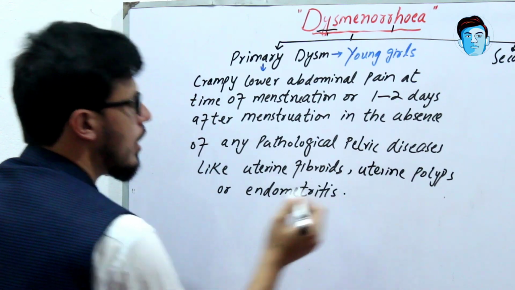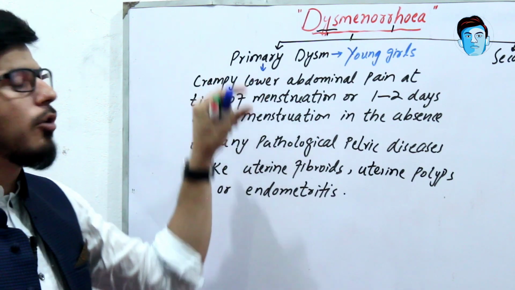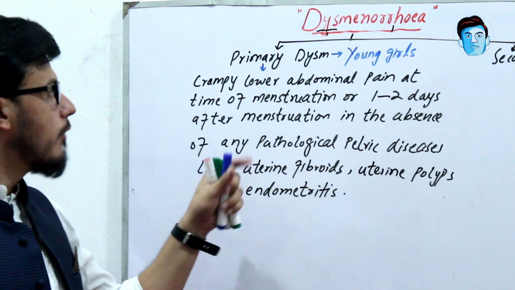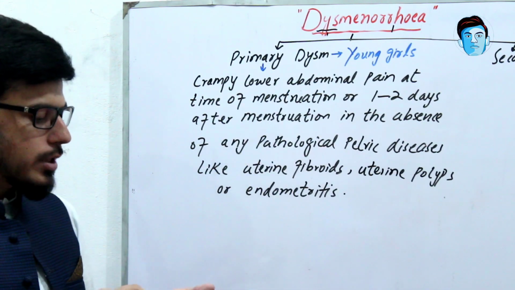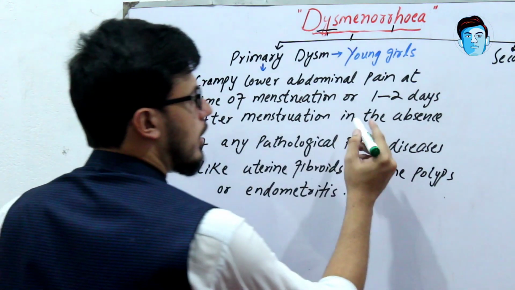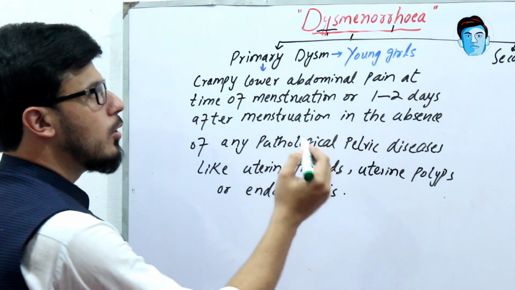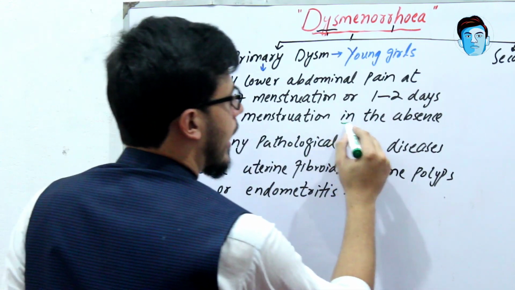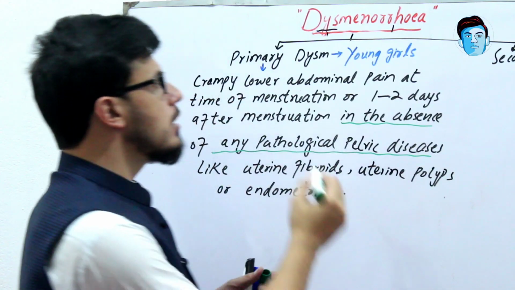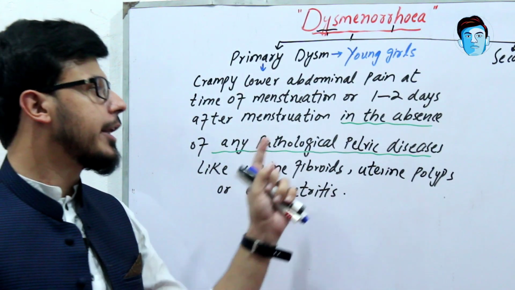So in primary dysmenorrhea there is crampy lower abdominal pain at the time of menstruation or 1 to 2 days after menstruation, and the most important point is that it is not associated with underlying pathology. So please pay attention to this point.